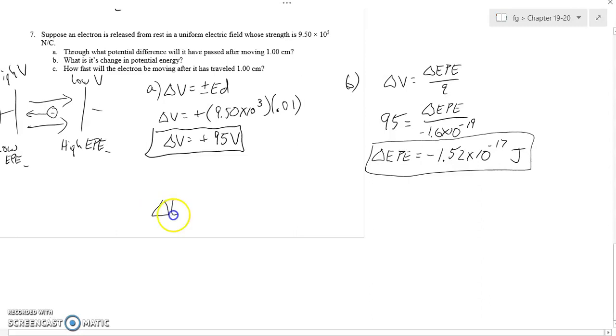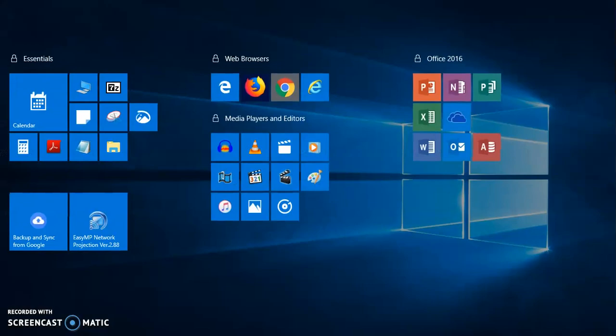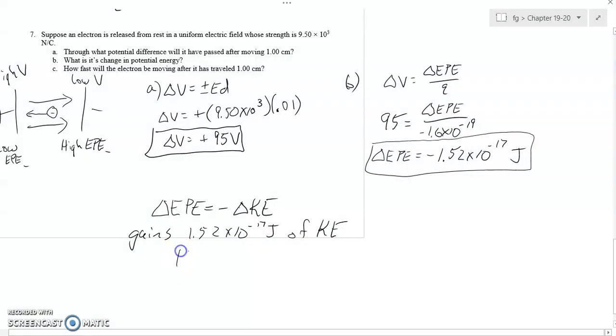So I'm going to say the change in potential energy equals the negative change in kinetic energy. In other words, it's losing potential energy, so it should gain kinetic energy. So it's going to gain 1.52 times 10 to the negative 17 joules of kinetic energy. Okay, if you remember, kinetic energy equals 1/2 mv squared.